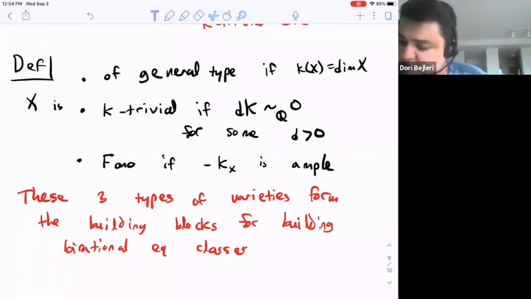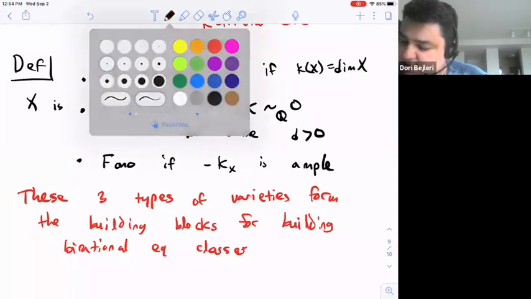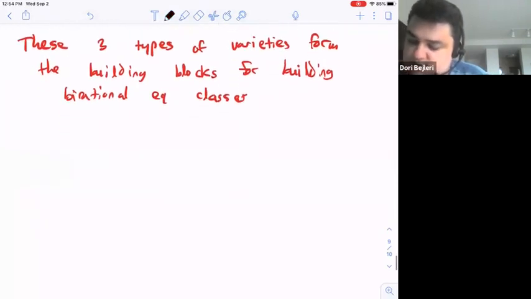So now we can summarize everything as a theorem.